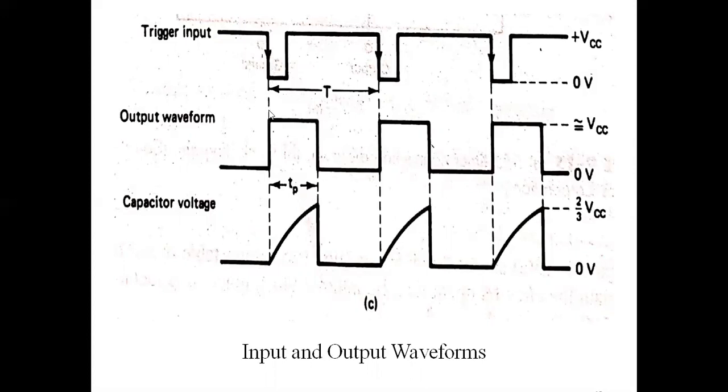The time during which the output remains high is given by the pulse width Tp, which is equal to 1.1 times RA times C seconds, where RA is in ohms and C is in farads.